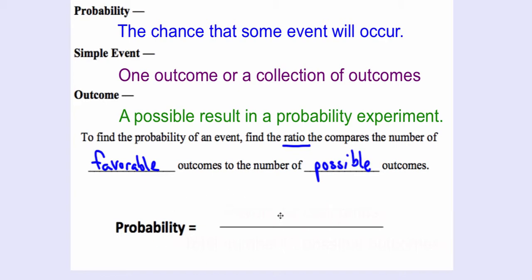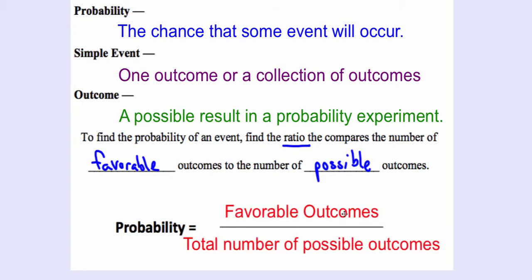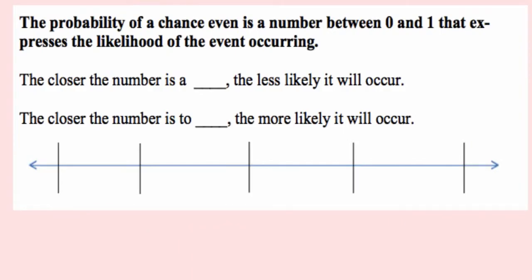So if we write it out, it's going to look something like this. The number of favorable outcomes on top, the number of total possibilities on the bottom. So another way to write it is, probability is what you want over the total. How many ways can I get what I want out of how many total possibilities?